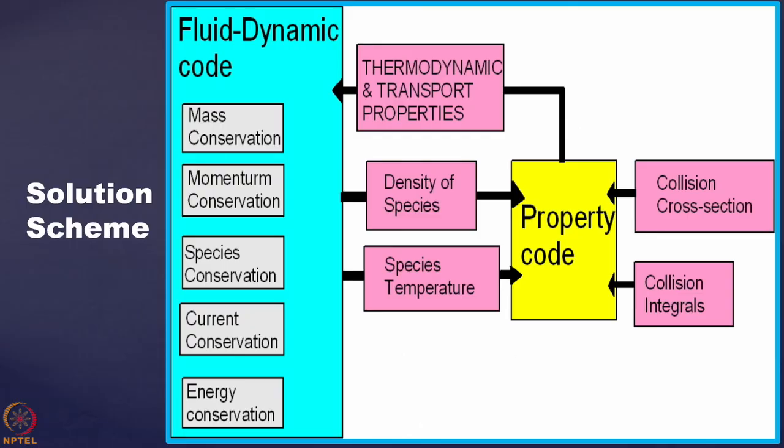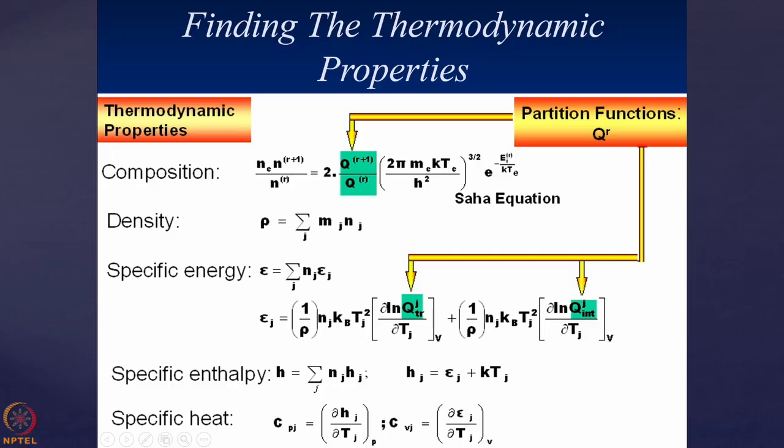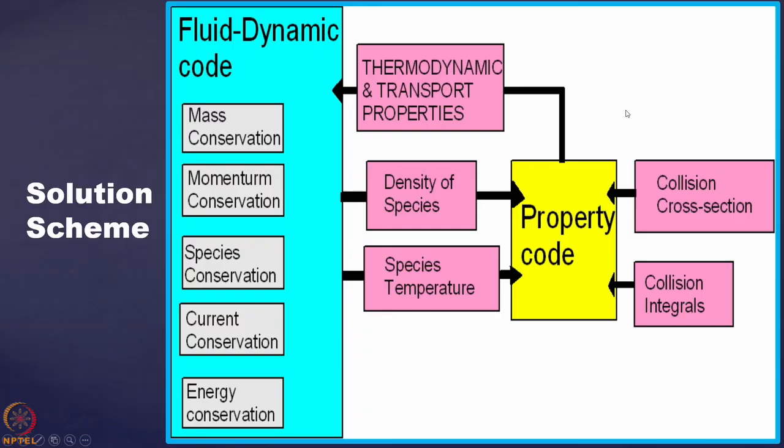So I start with, essentially the thing was that we will be going for a fluid dynamic code which will solve the mass conservation equation, momentum conservation equation, species conservation equation, current conservation equation and energy equation. And to solve that, what we need are the thermodynamic and transport properties.